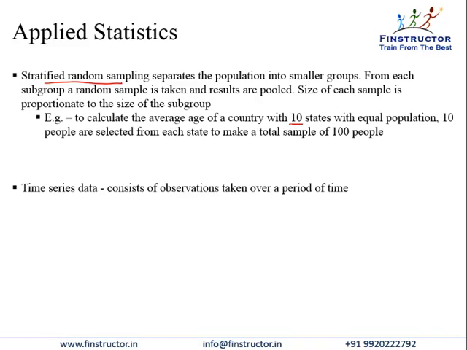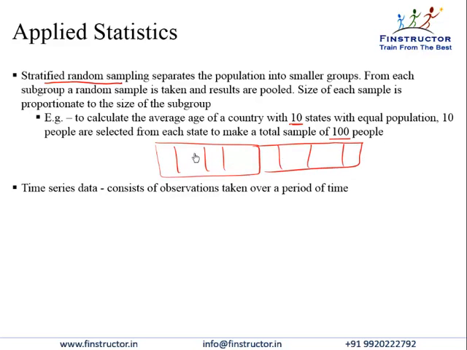It is possible. In a stratified random sample, if we need a sample of 100 people and there are 10 states, we will first break the process into taking 10 different samples from the 10 states. So we will take 10 samples from each state, and each of those samples will be a simple random sample.